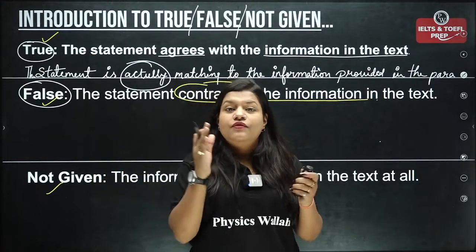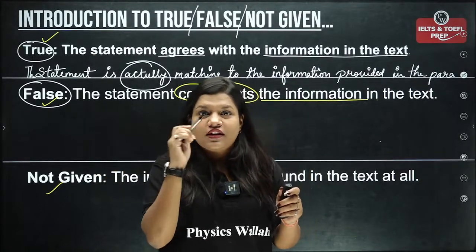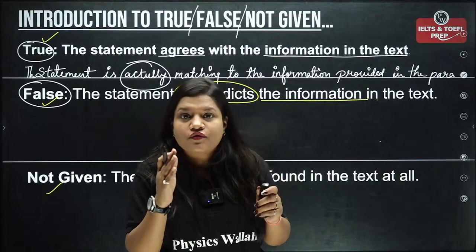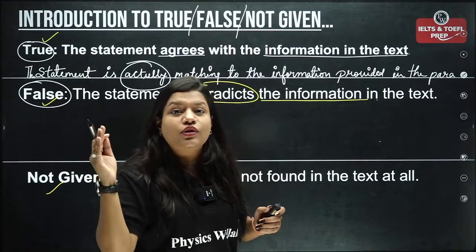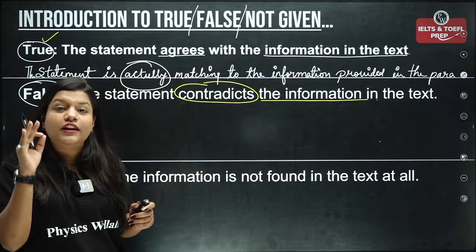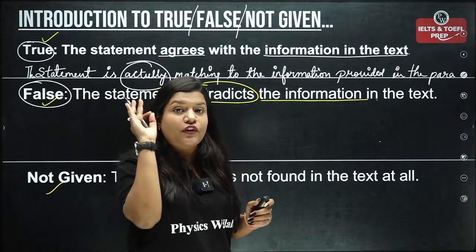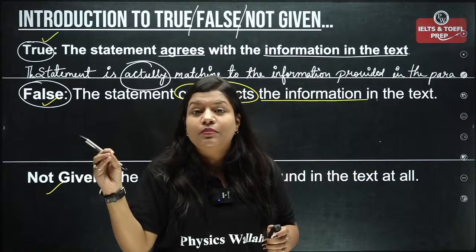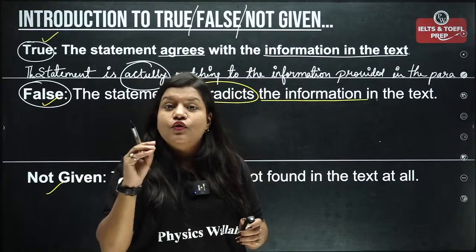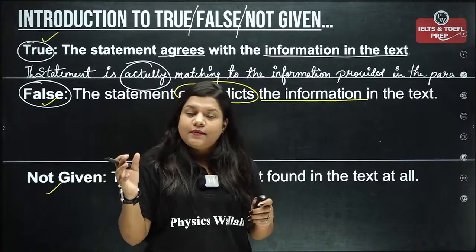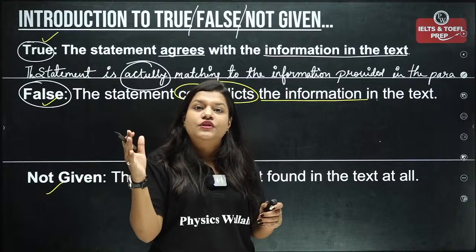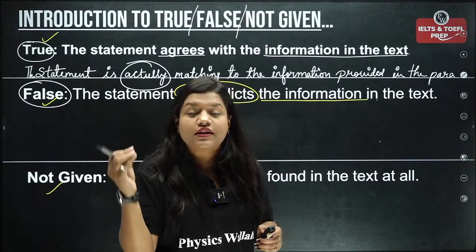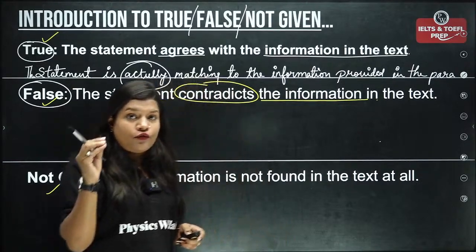If the passage is talking in general terms and there is no mention of that information, then you are going to write not given, because you need to find that specific piece of information that the statement is committing to. So you've got to be very clear. Now, let's suppose the same information is mentioned but they are clashing with each other. There you are going to mark it as false.